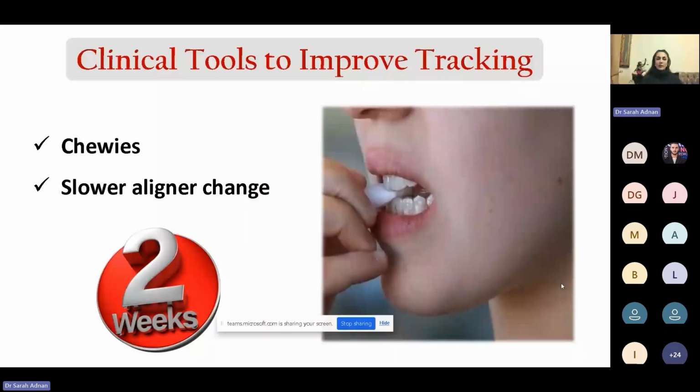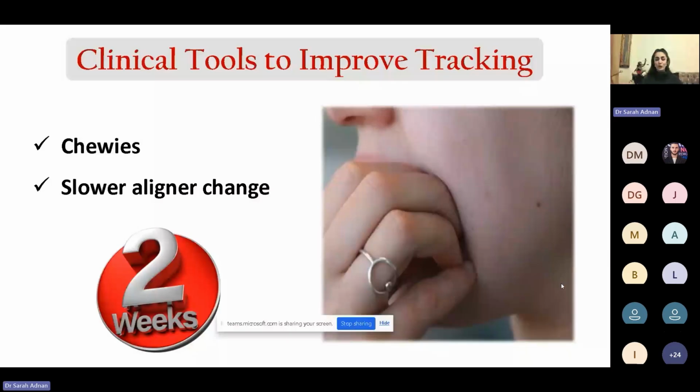The clinical tools that improve tracking, one of which is chewies. Chewies are, as we said, essential tools to improve tracking. They are particularly important in rotational tooth movement, in intrusion tooth movement, and when we bond new attachments.